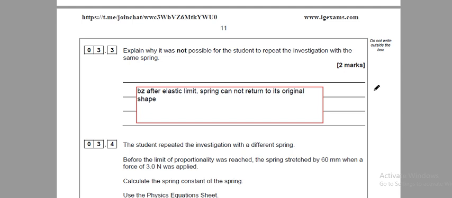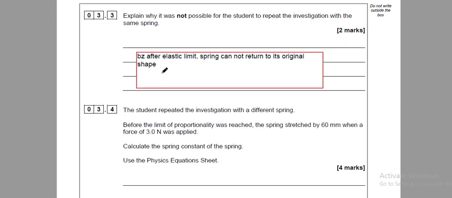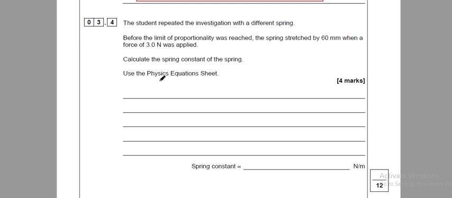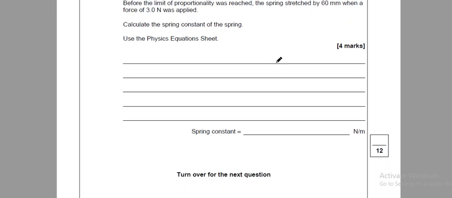Explain why it wasn't possible to repeat the investigation with the same spring: because it is permanently deformed, or cannot return to its original shape. The student repeated the investigation with a different spring. Before the limit of proportionality, the spring stretched by 60 millimeter by a force of 3 newton.